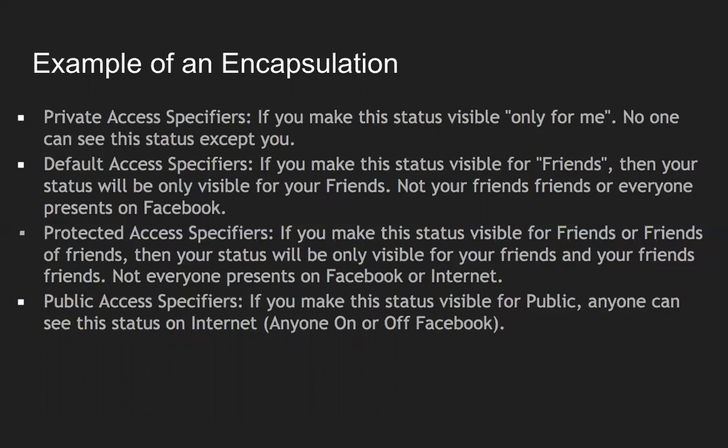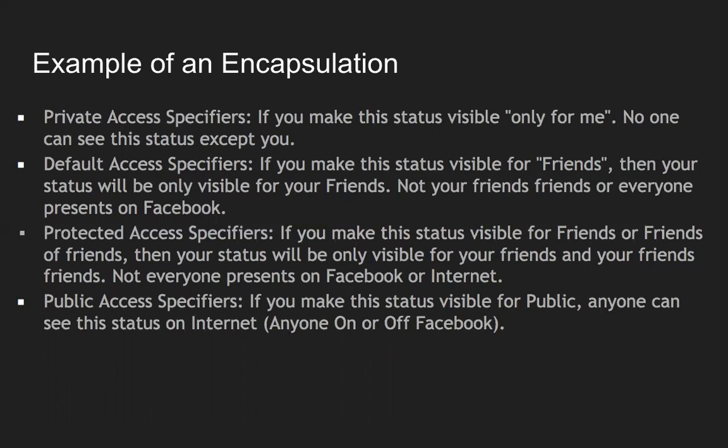Let's assume Sharma is a friend of Sundar, and Rita and Geeta are the friends of Sharma, right? So if I keep only friends, only Sharma can see my status, not Geeta and Rita, because they are friends of Sharma, not friends of mine, assuming that I did not accept their friend request.